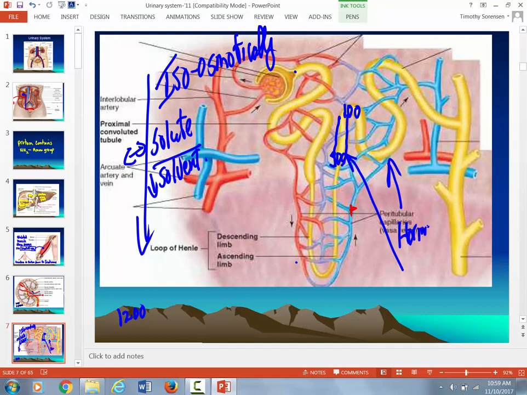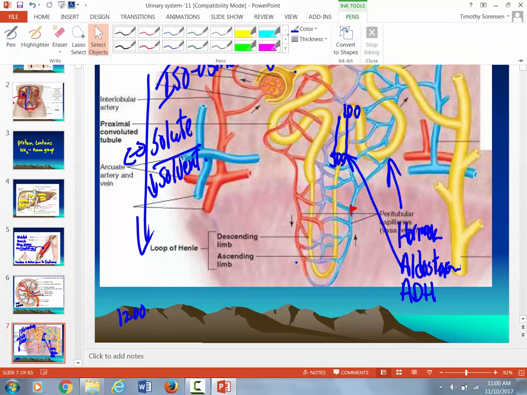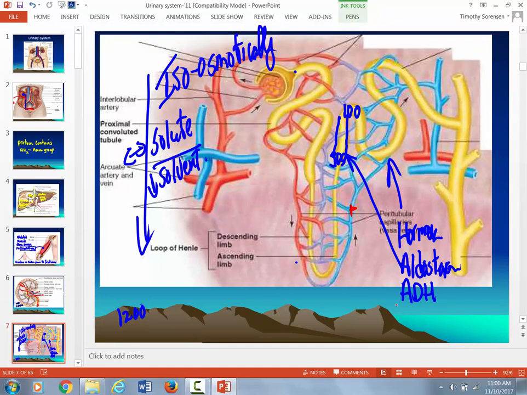And the hormones that can affect the distal convoluted tubules and the collecting ducts are aldosterone, ADH, and ANP. And I'm going to explain each one of those hormones. Are you with me? Okay, this is very important.